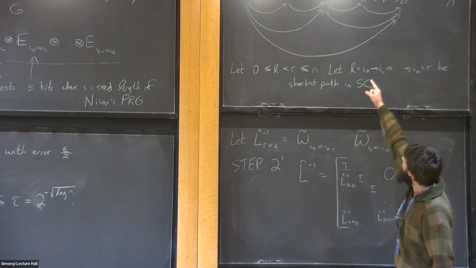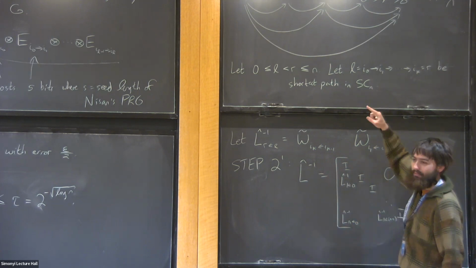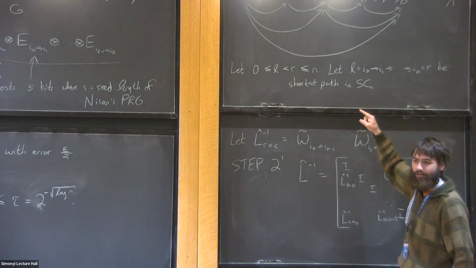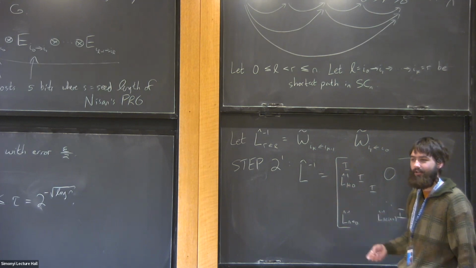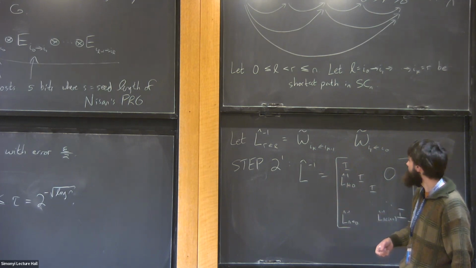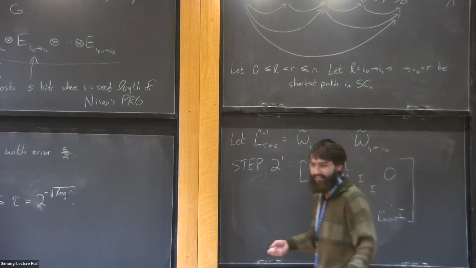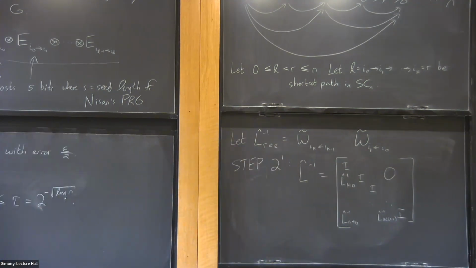But the shortest paths in this graph are only logarithmic, so the penalty is not significant and ultimately has no asymptotic effect. But yes, it's a little less intuitive. It's not the natural thing to do.